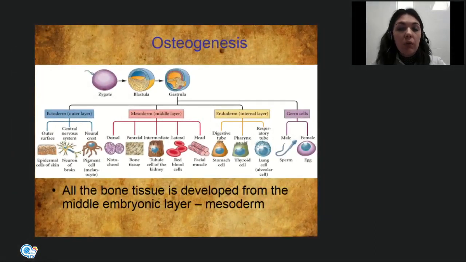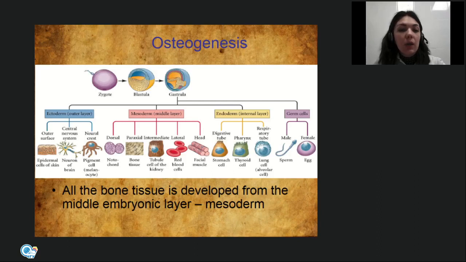This picture you have already seen at the lecture about embryogenesis and at the previous lecture about osteology. Now again, I want to remind you that all bone tissue develops from the middle embryonic layer, the mesoderm. To be more precise, bone cells, osteoblasts and then osteocytes, develop from mesenchyme.